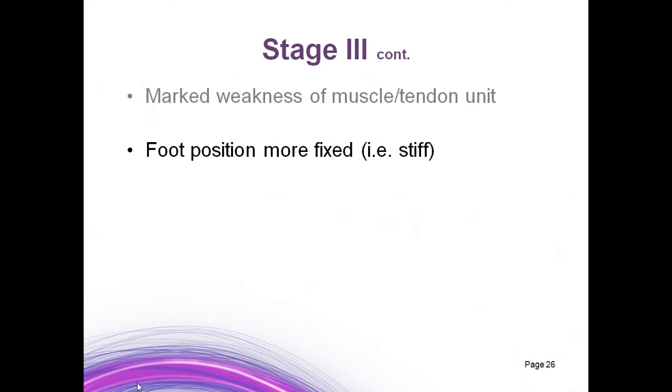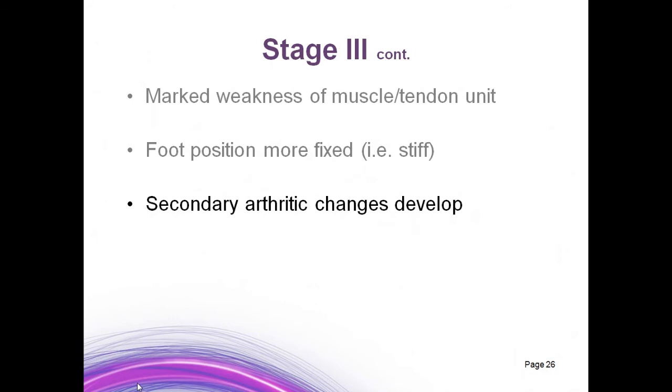And this can make treatment a bit more difficult because it's hard to then supinate a foot that has a more fixed position. And the reason why it becomes more fixed and stiff could be just through some joint stiffening, but they typically become more arthritic as well, as the joint loads and stress through that part of the foot are not considered to be normal and are considered excessive, as the tibialis posterior tendon provides a lot of stability to that region under normal circumstances.